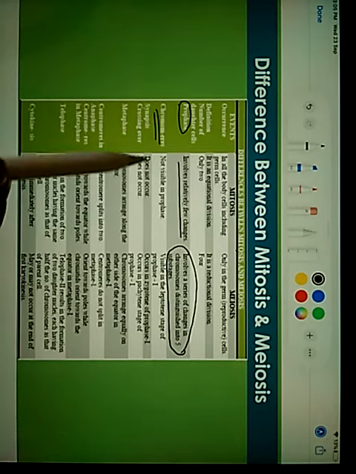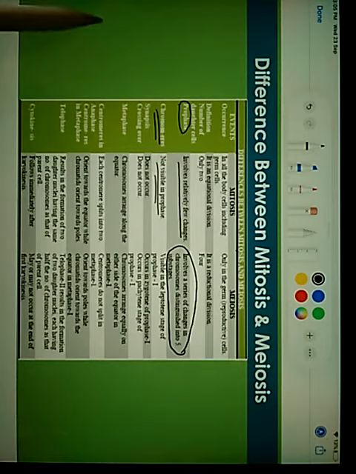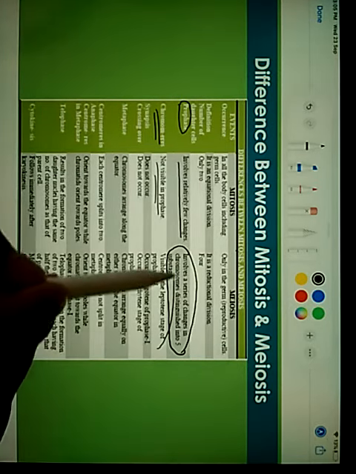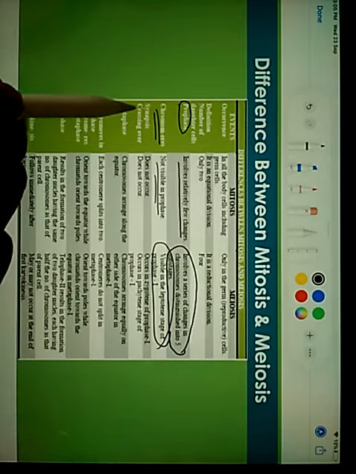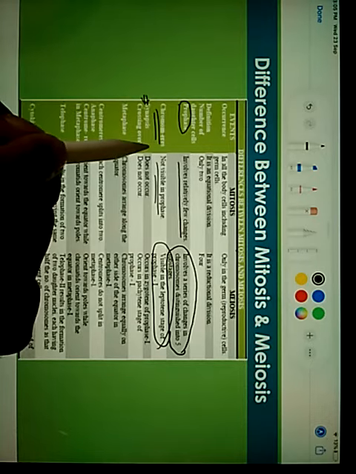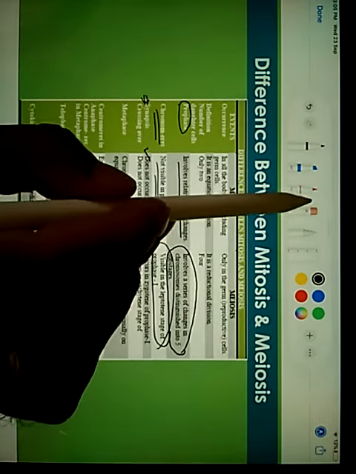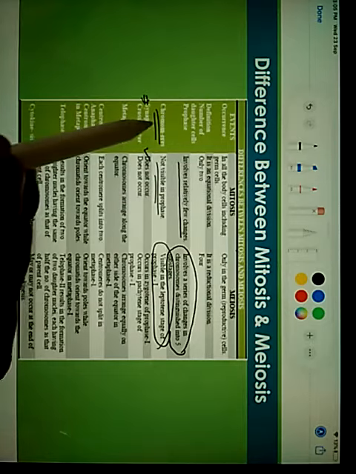Chromosomes or chromonema are not visible in prophase, but they are visible in the leptotene stage of prophase 1, as chromomeres. Now synapsis does not occur in mitosis. We know what synapsis is. That is X-shaped.